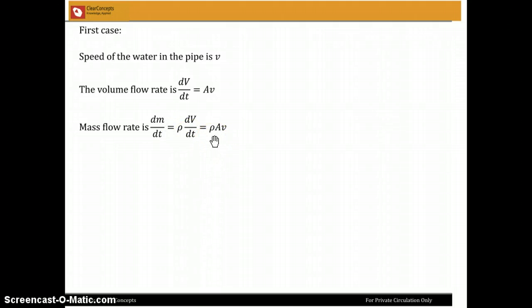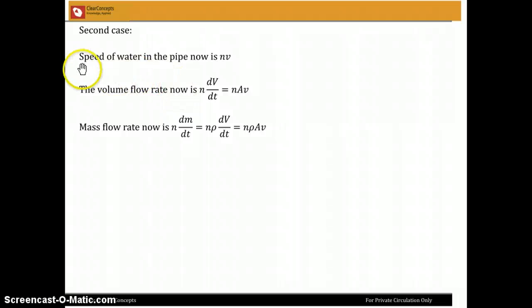And now we are in a position to say what happens when we increase the volume flow rate to n times. Obviously, that means that the speed of the water has also increased n times. That gives us the volume flow rate to have increased by n times, so that comes out to be nAv. Also, the mass flow rate will increase by n times, and so that turns out to be n rho A v.